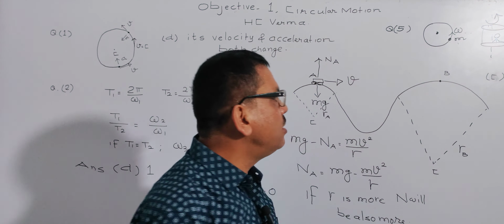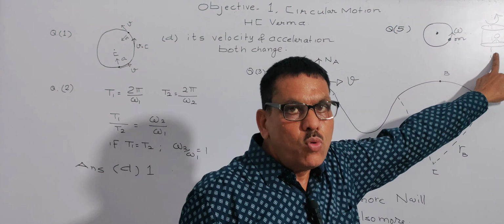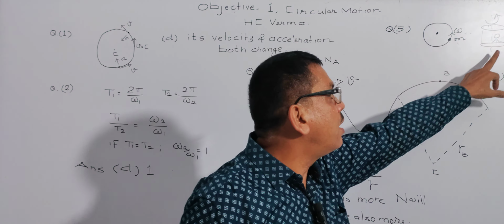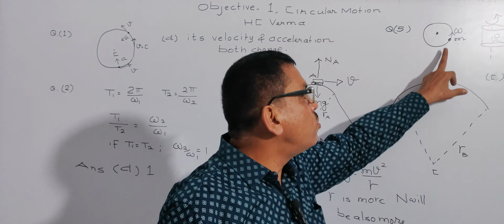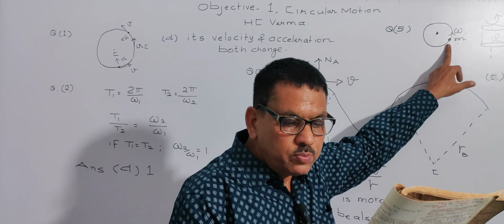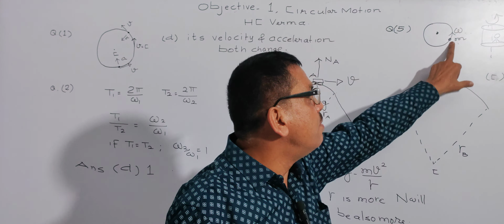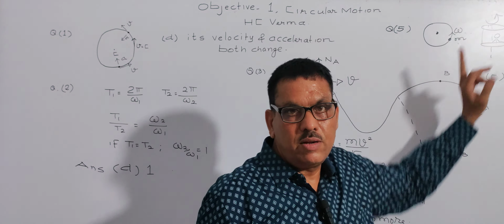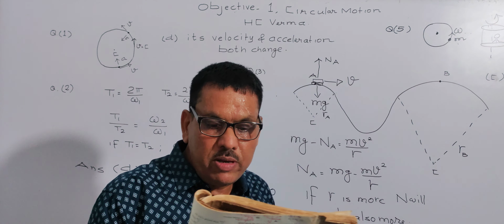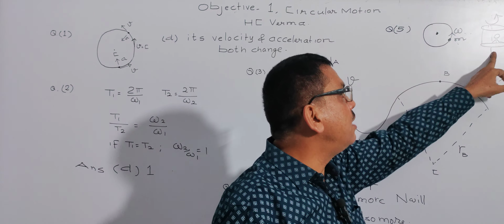Now, when this man is observing, the man is inside the non-inertial frame. What is the acceleration of the frame? Omega 0 square r. So the centrifugal force on the particle will be given as the mass of the object times the acceleration of the frame, which is omega 0 square r.